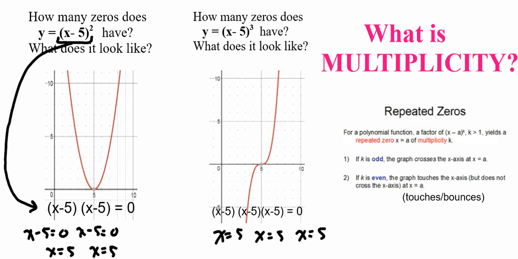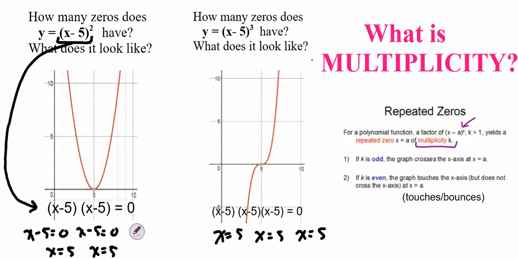And the rule, if you can see this, here k is our exponent. As long as k is greater than 1, so we're looking at 2, 3, 4, etc., you're going to have a repeated 0 with the multiplicity of whatever your exponent is.